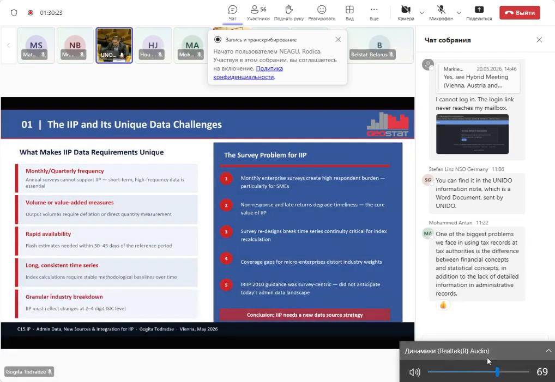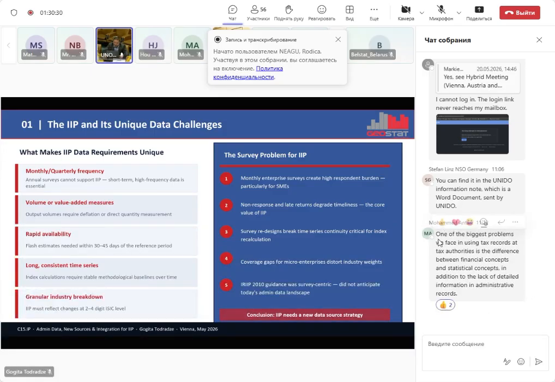The IIP differs fundamentally from annual statistics. It must be published monthly, often within 45 days, measuring output volumes rather than just values. National banks, central banks, ministries of finance, and markets react to IIP figures in real time, and as an index, it requires long, consistent time series.